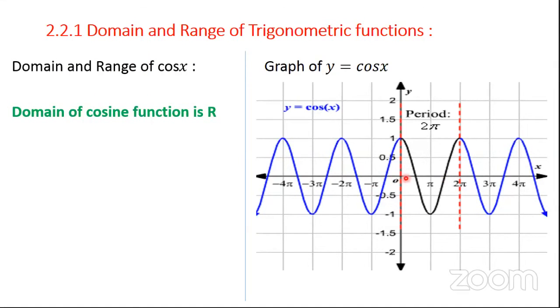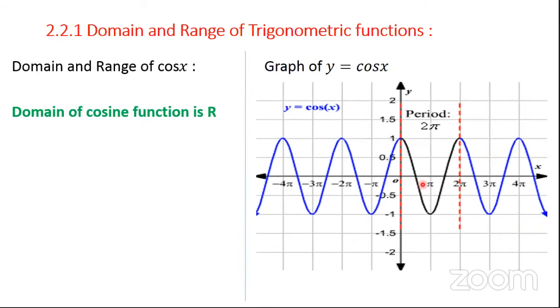Now see, for cos x also, take any value of x. Cos x values again lie between only +1 and -1. See the graph. This graph never exceeds +1 or goes below -1.